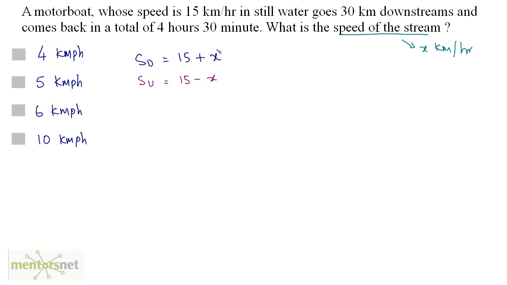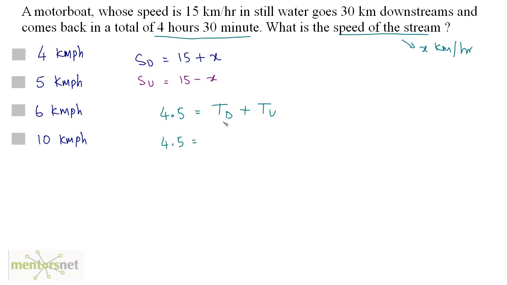Now it is given that the total time taken to go downstream and come back 30 kilometers is 4 hours 30 minutes. Right, that's 4.5 hours. So 4.5 hours is actually the time taken to go downstream plus the time taken to come upstream, isn't it?